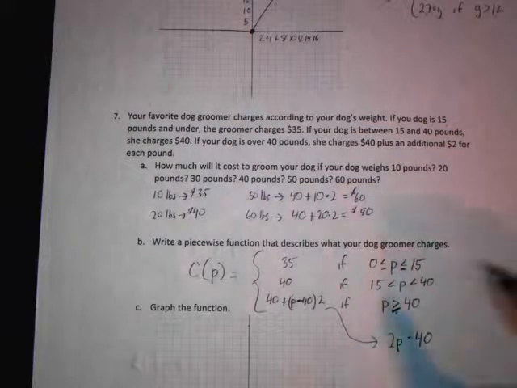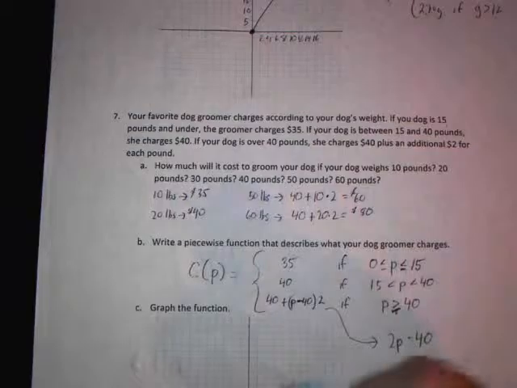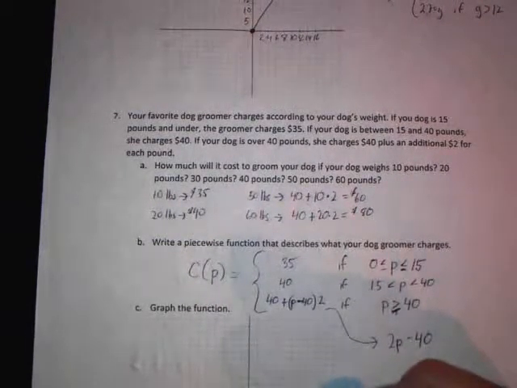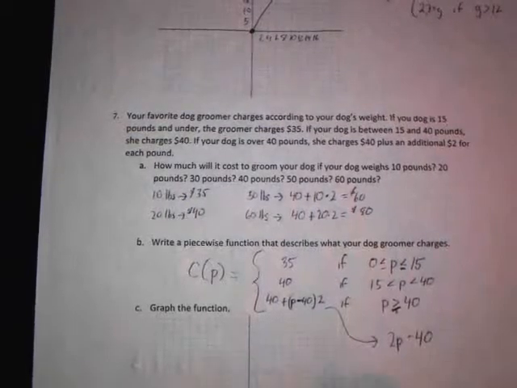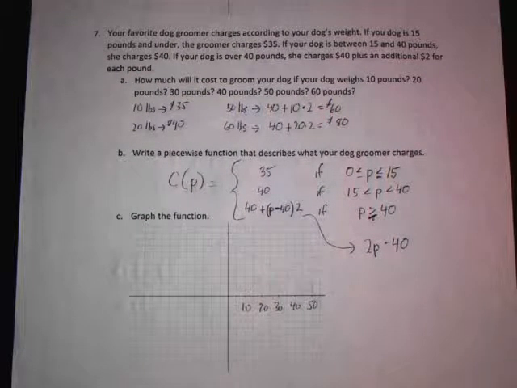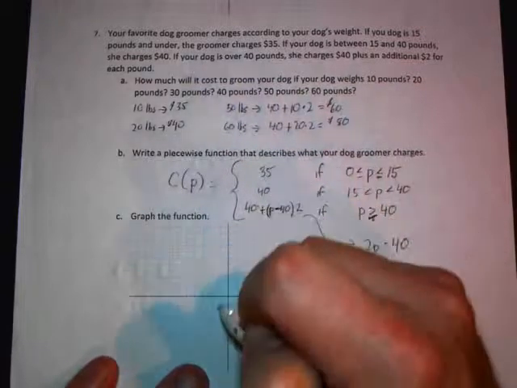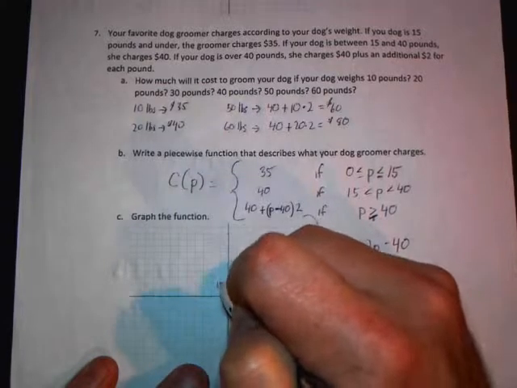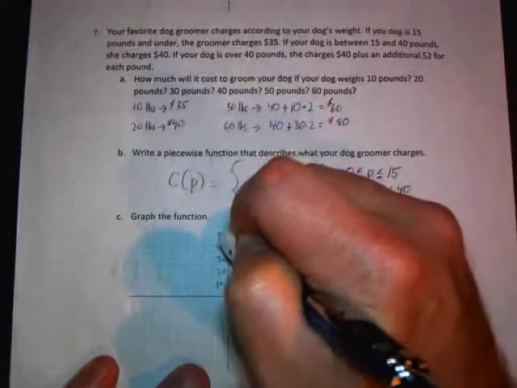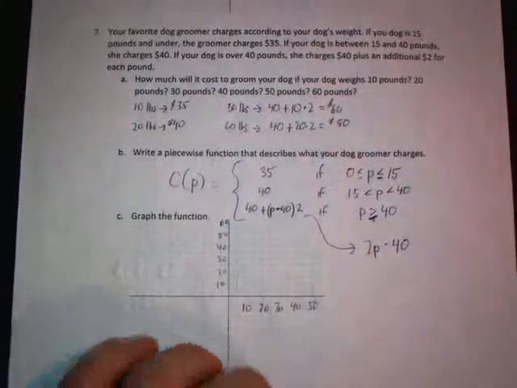I want to get bigger than 40 pounds certainly, so I think I want to go 10, 20, 30, 40, 50 this time in that direction. And I saw that a 60-pound dog got me up to $80, so maybe I want to go 10, 20, 30, 40, 50, 60 at least.